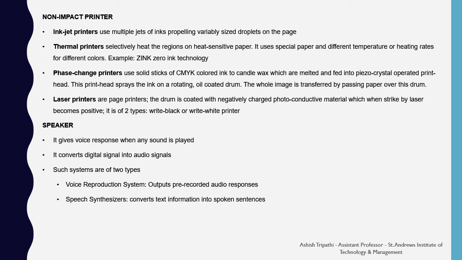The whole image is transferred by passing paper over this drum. Laser printers are page printers. The drum is coated with a negatively charged photoconductive material which, when struck by laser, becomes positive. It is of two types, write black or write white printer.